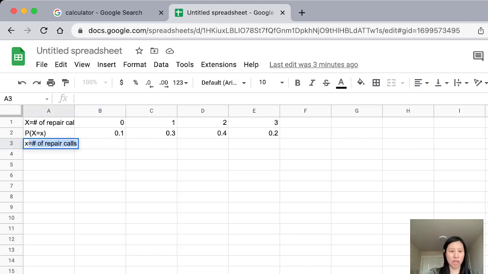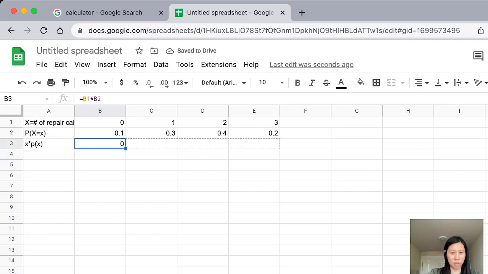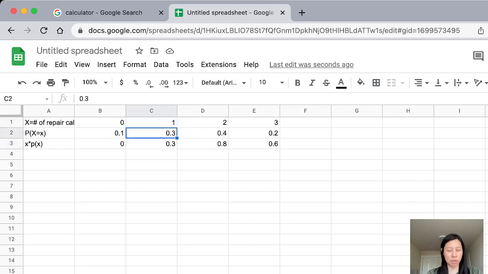In here we want to calculate X times P of X. So this is equal to this one times this one, equals 0, and then we drag them down. Then they will have the same formula. If you're not sure, you can click on this slot and check. This is equal to C1 times C2, which is this one times this one.